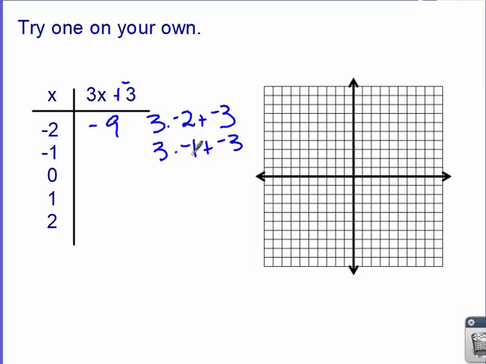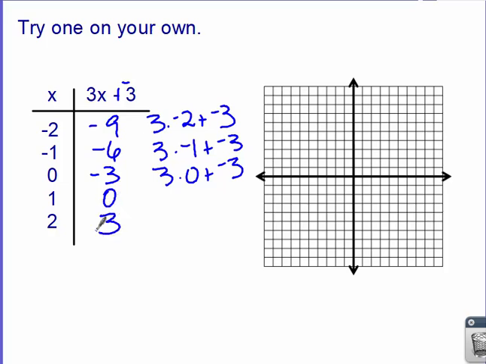So 3 times -1 is -3, plus -3 gives us -6. One more. 3 times 0 plus -3. Well, 3 times 0 is 0, plus -3 gives us -3. Hopefully you realize we're counting by 3s. So the next one then should be 0 and then 3.